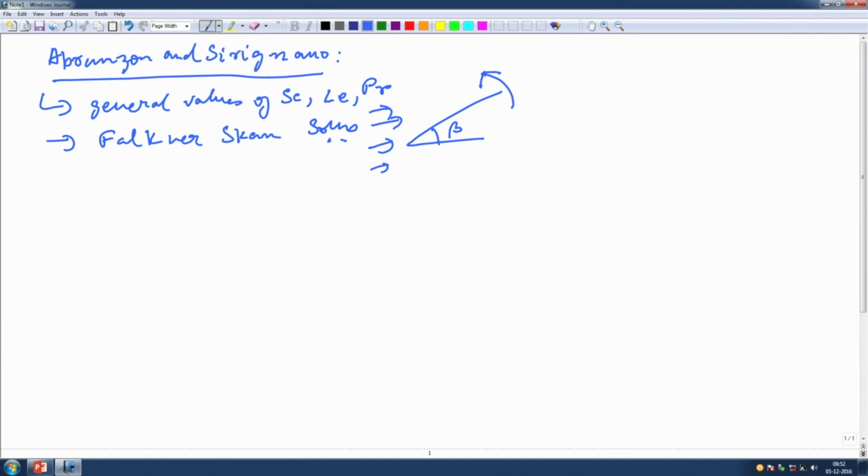So, what Abramson and Chiriniano did was that if this is a droplet, right, they took each section of the droplet to be locally like some wedges, right. They took it locally to be some wedges, and they did the solution for the entire generic profile. Got it? They did not restrict themselves to stagnation flow or a flat plate type of flow, right. They did something equivalent, like a Faulkner-Skan, like a complete similarity solution taking locally, and they also took non-zero pressure gradient.